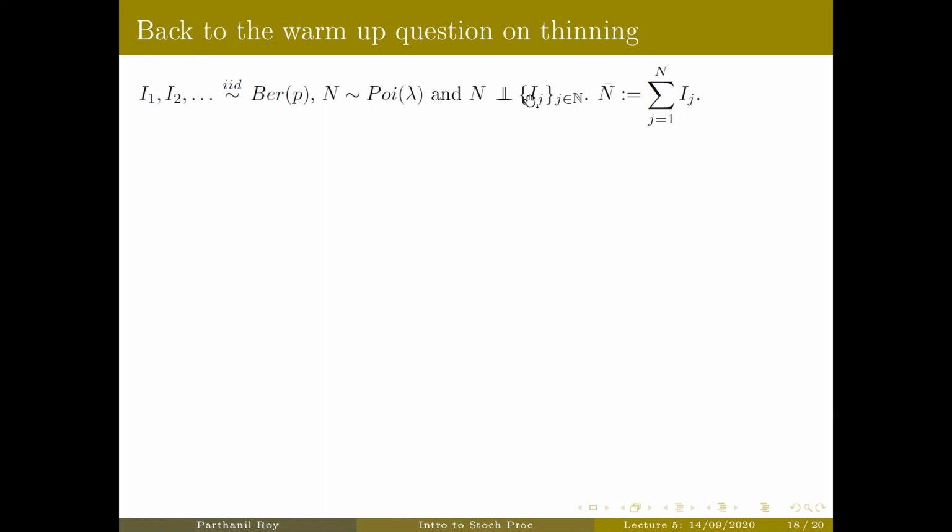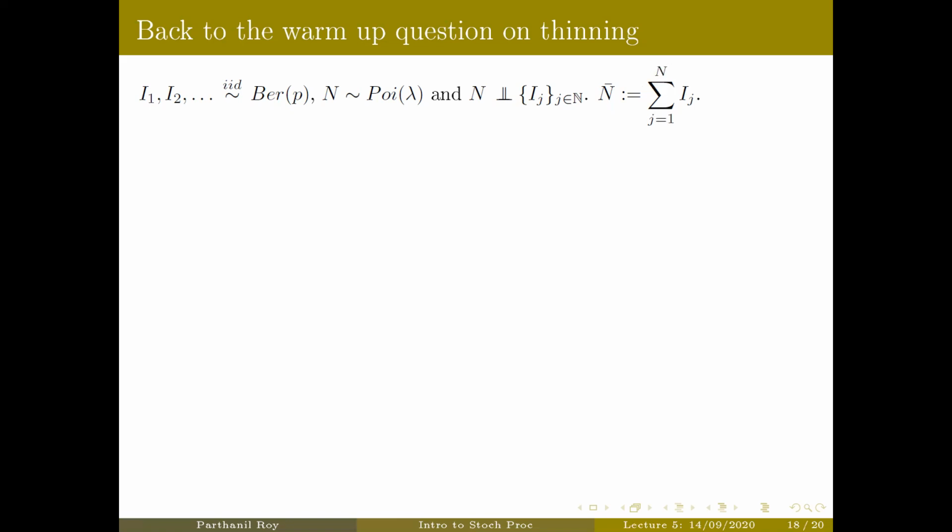Of course, this just means that if you take finitely many I1 to Ik, that vector I1 to Ik is completely independent of N. Then we defined N bar to be the random sum of the Ij's from 1 to capital N.